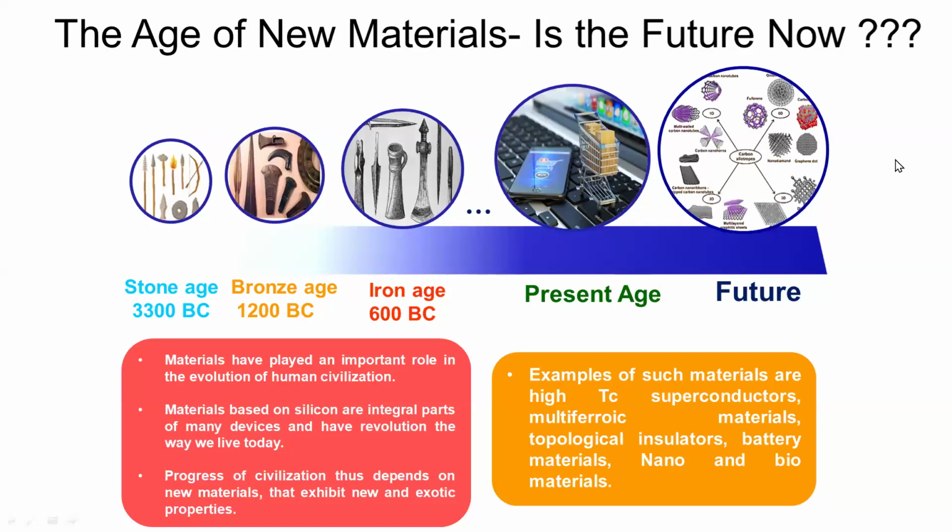So we need a theory in which we can predict the properties of materials, and then we can explore them in the laboratory or in real conditions. For example, high temperature superconductors, or the materials responsible for topological insulators, or battery materials and many others such as nanomaterials or biomaterials.